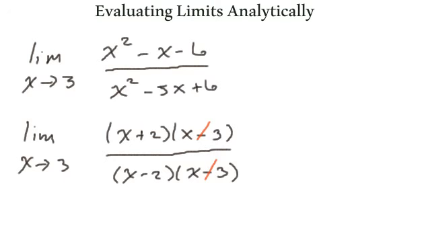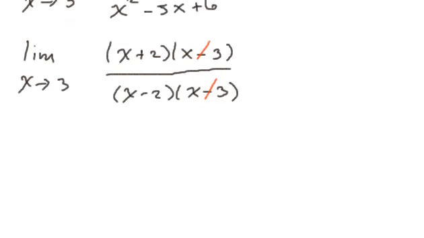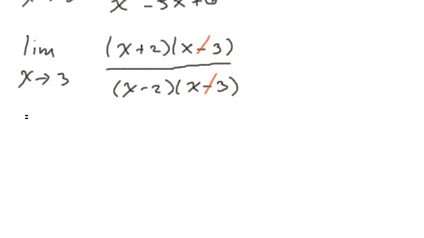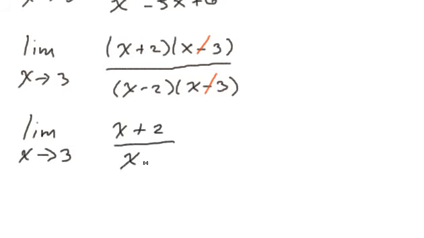And now we're going to rewrite. So we have the limit as x approaches 3 of x plus 2 over x minus 2. So now we can do the direct substitution.